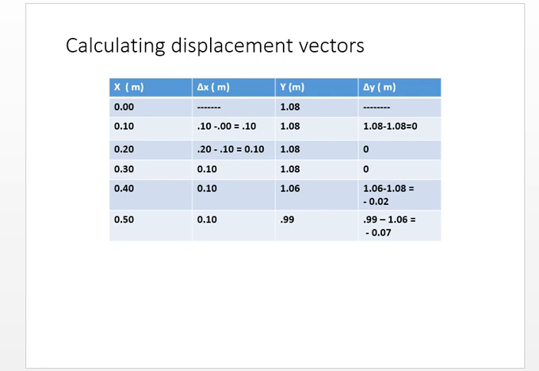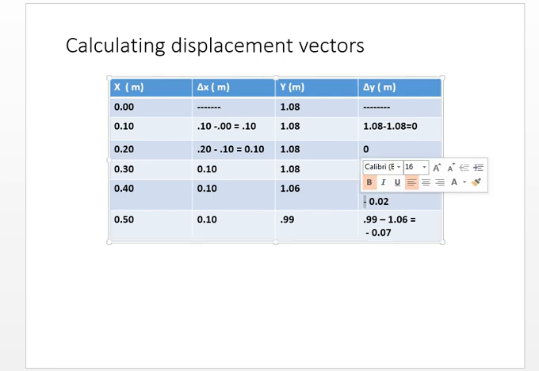So the vector has to start on the fourth dot, and it has to point in the right direction to represent that length of 0.02. The direction is given by this negative, right? It's got to point down. It's going to fall down 0.02 meters.